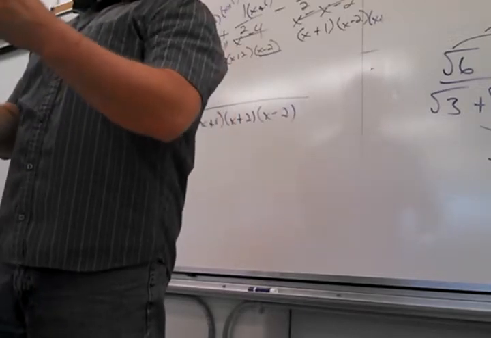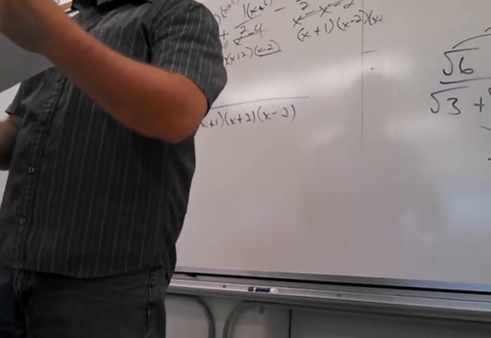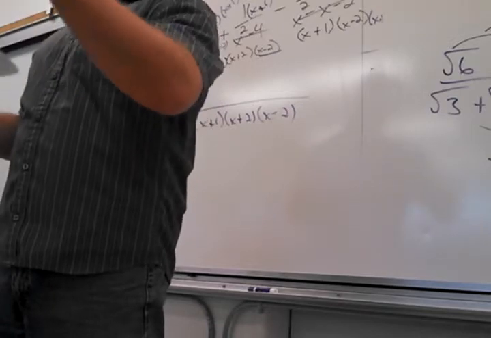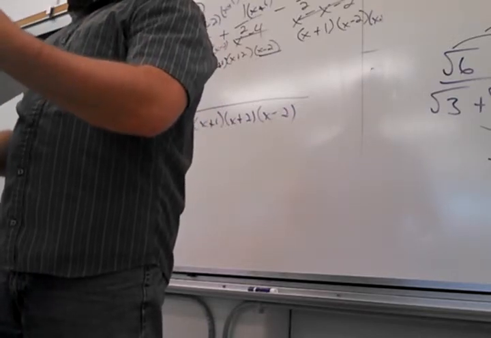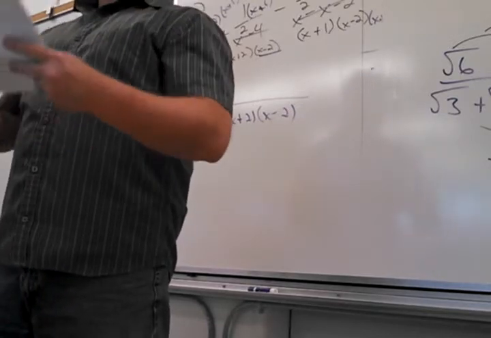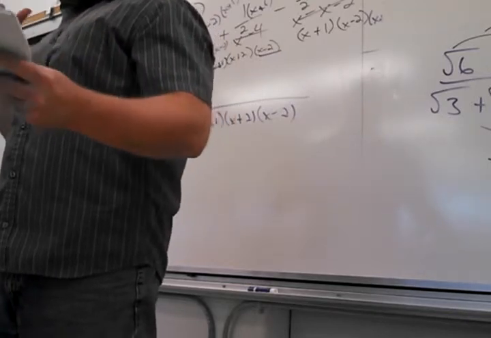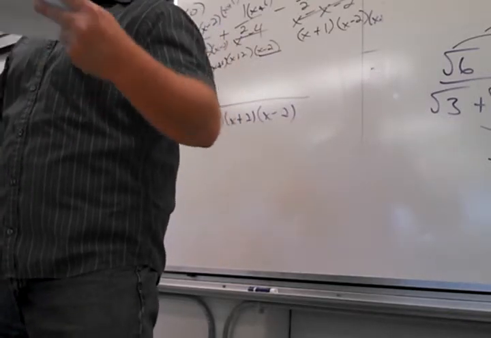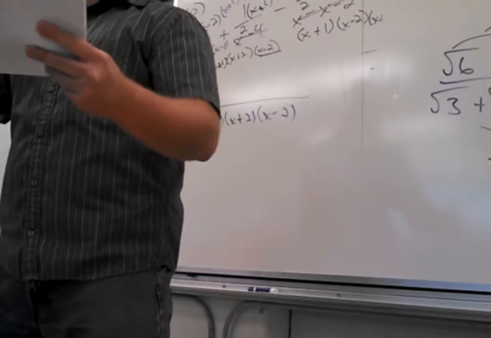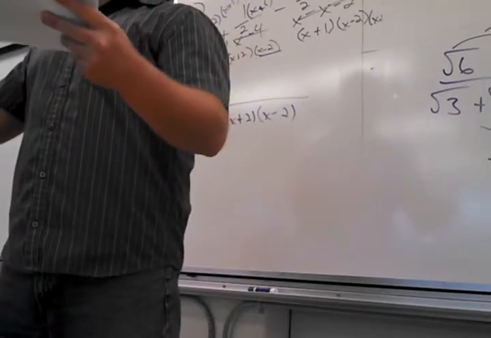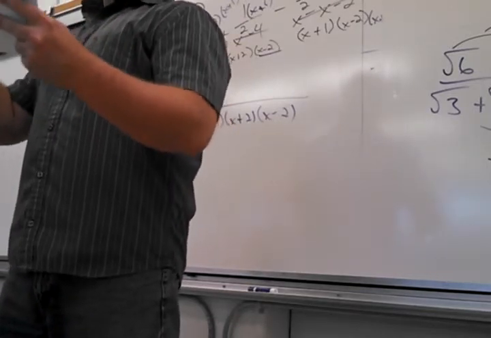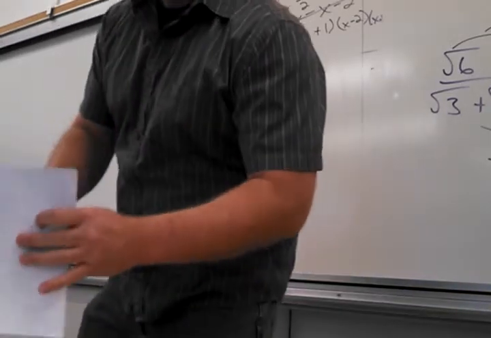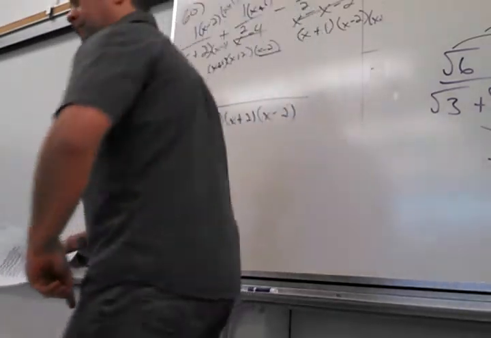I want to see how you guys approach these problems, and then I can figure out what kind of gaps I need to fill in about how to work word problems. But you should have been working on word problems ever since Math 90. So there's got to be some kind of way that you approach them. Your way might be to skip them over. We need to stop that now.